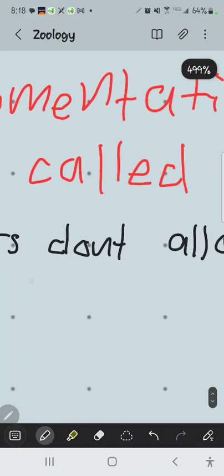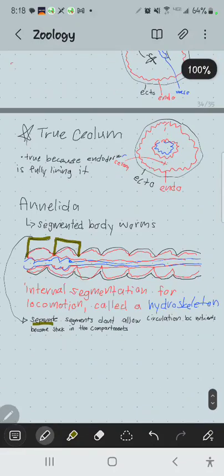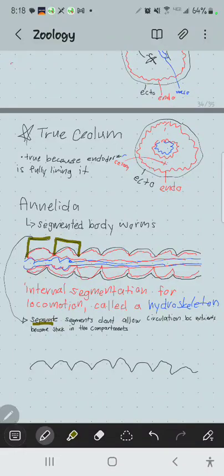Alright, so it's basically the same idea, but now what we have going on is a circulatory system. It includes a dorsal blood vessel and a ventral blood vessel. And the circulation was something like this. We had five aortic arches.